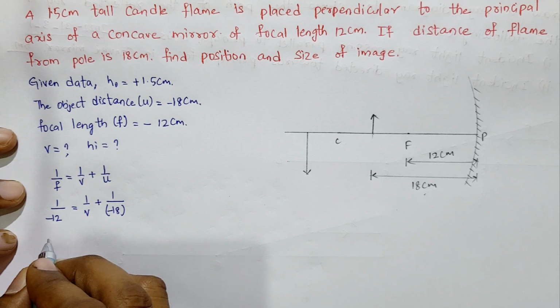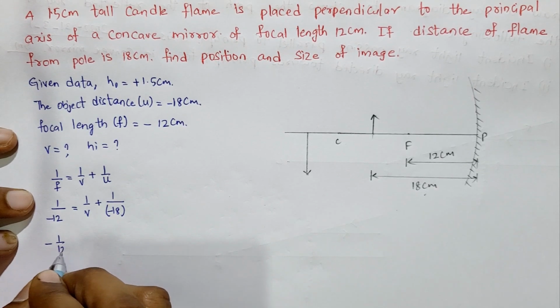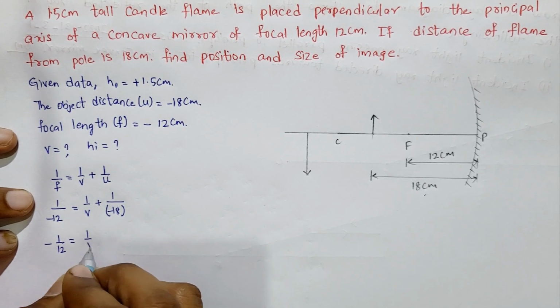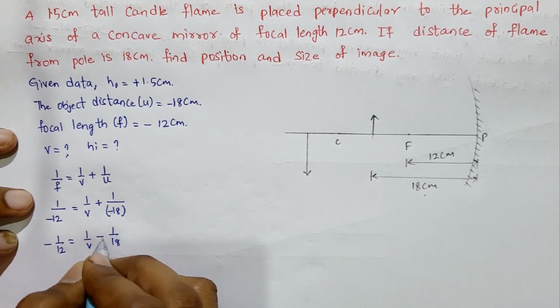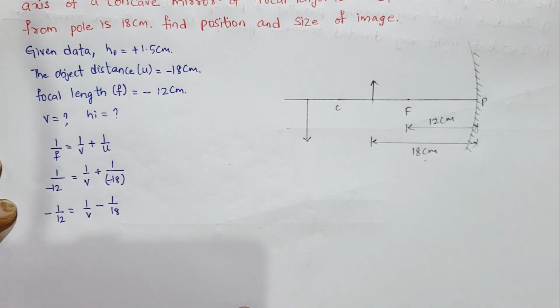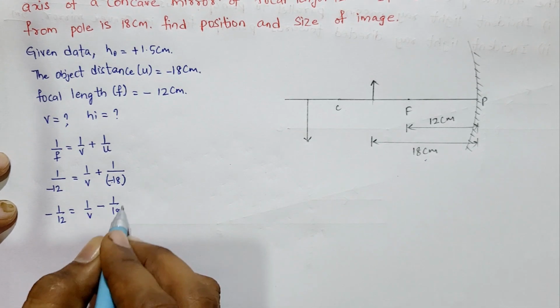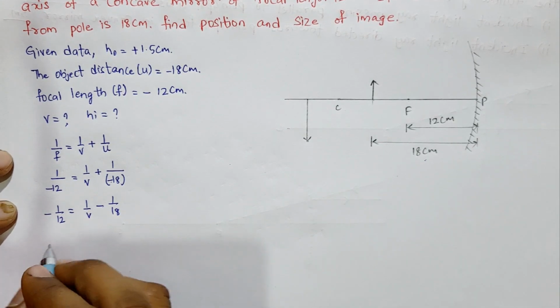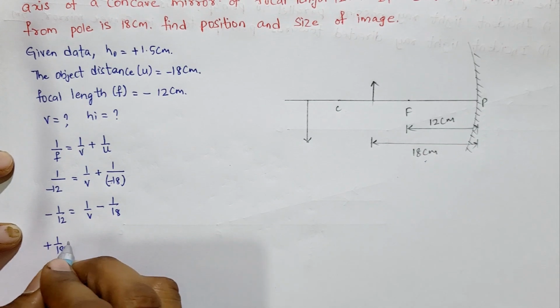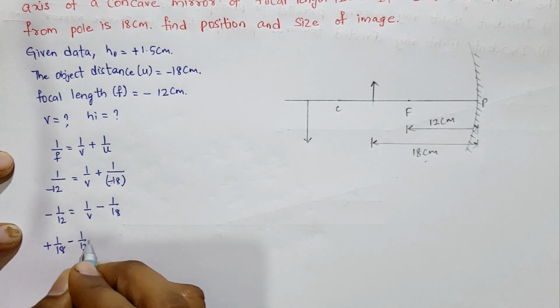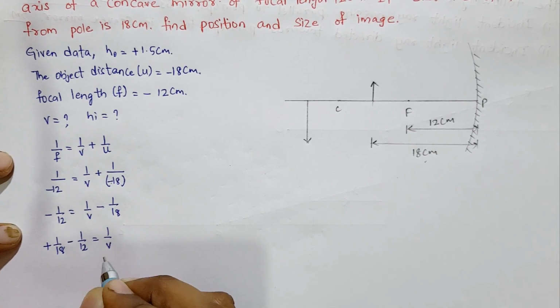So this will become minus 1 by 12 is equal to 1 by v minus 1 by 18. Why? Plus into minus is minus. Next step, this minus 1 by 18 I will send this side. It becomes plus 1 by 18. Minus 1 by 12 is already there. So minus 1 by 12 plus 1 by 18 is equal to 1 by v.